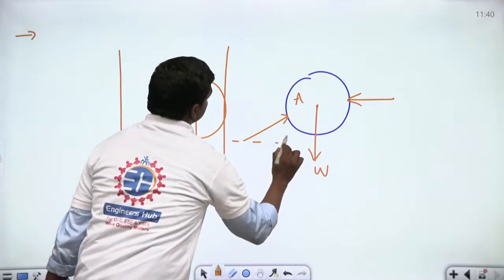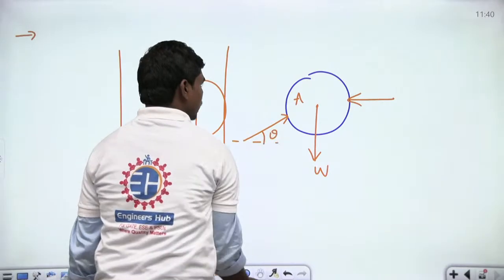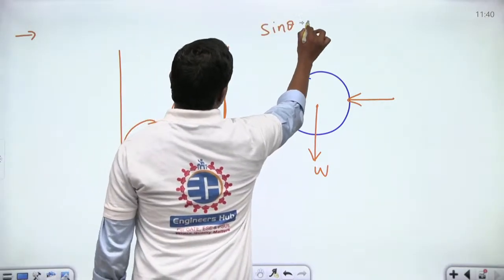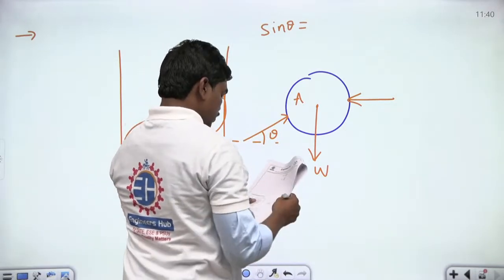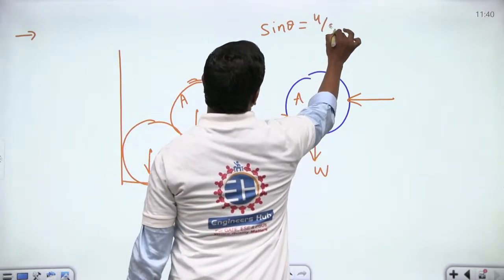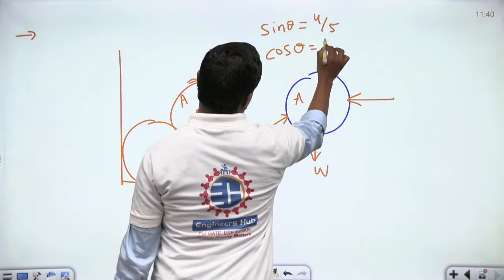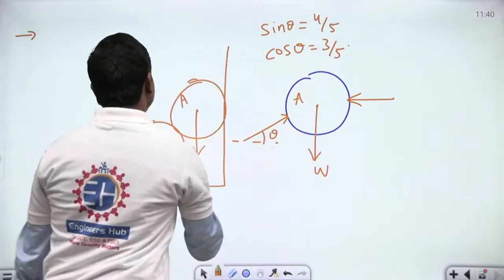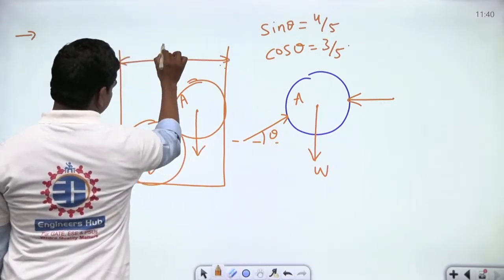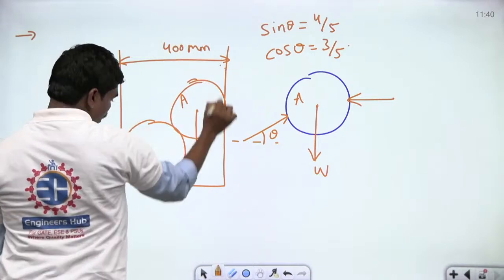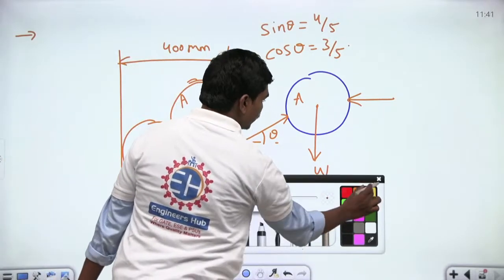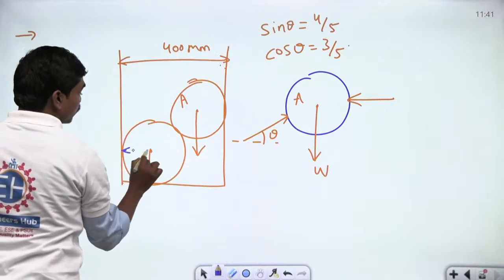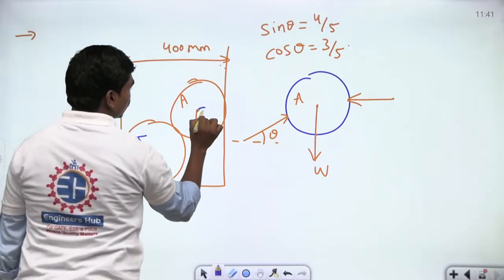So here you need to determine this angle, and if you solve for it, sin theta is equal to 4 by 5 and cos theta is equal to 3 by 5. This is what you will end up with if you perform some calculations, because this channel width is given as 400 mm. From 400 mm, I would like to show you quickly how this is 4 by 5. This is 125 and this is also 125.